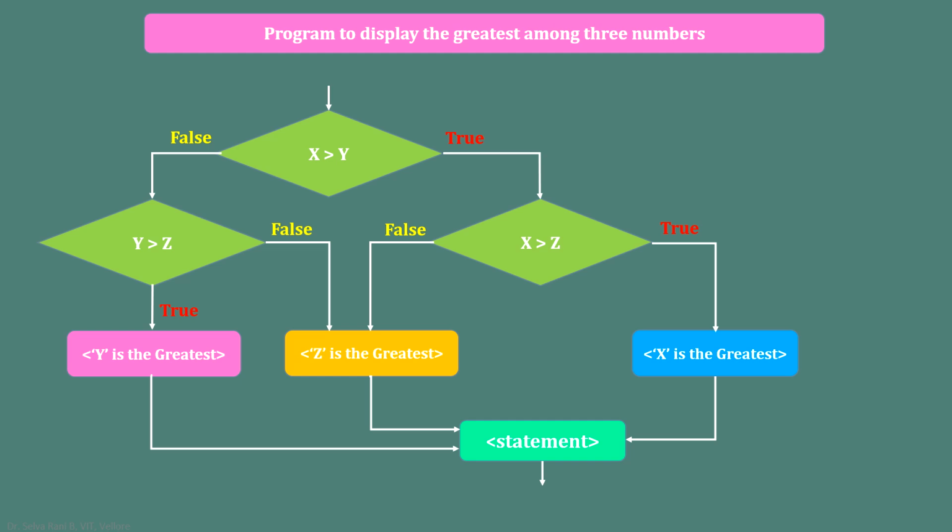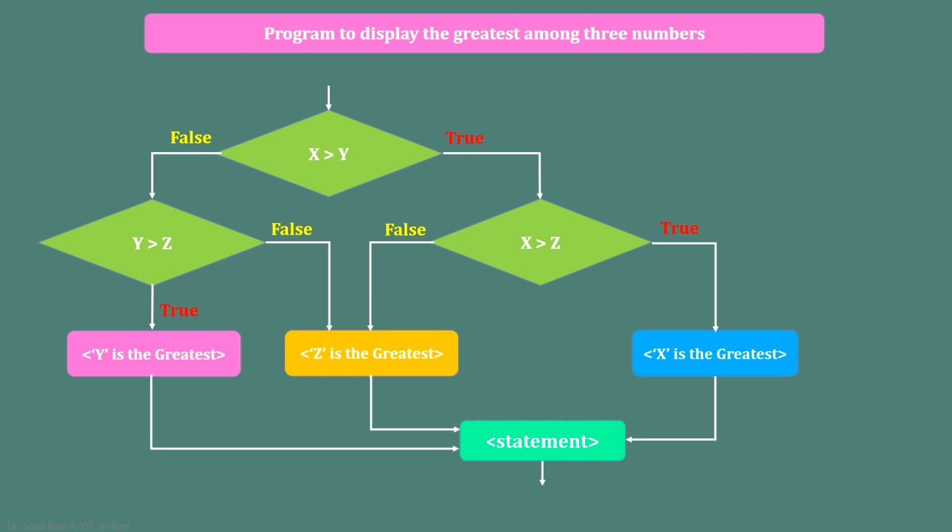What happens if the first condition yields the value of false as result? If X greater than Y is false, it means that X is not greater than Y. Then we can check the next condition, whether Y is greater than Z or not.